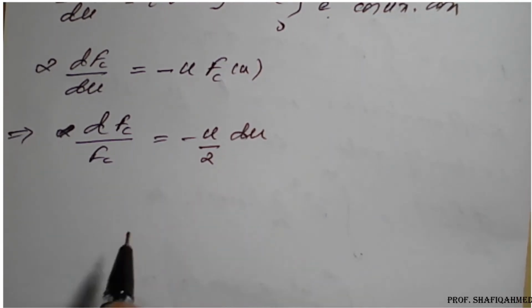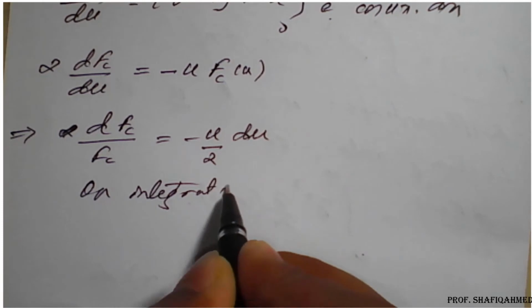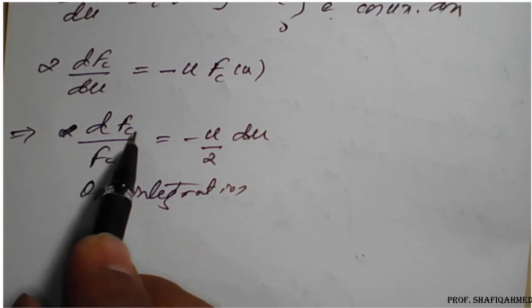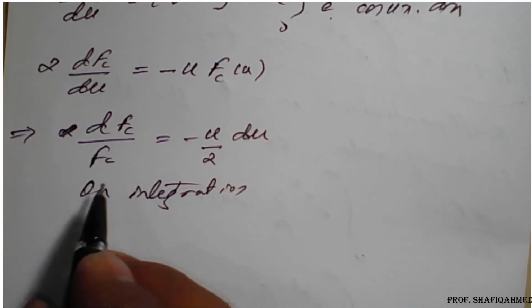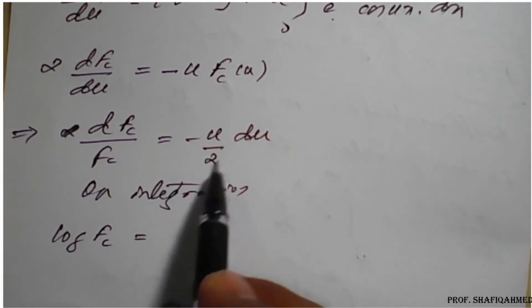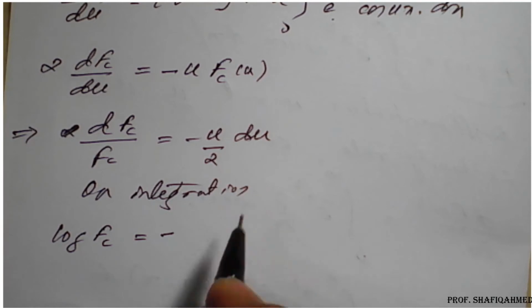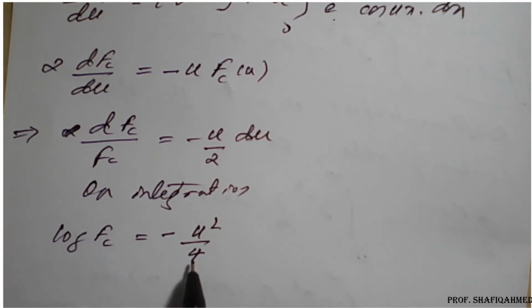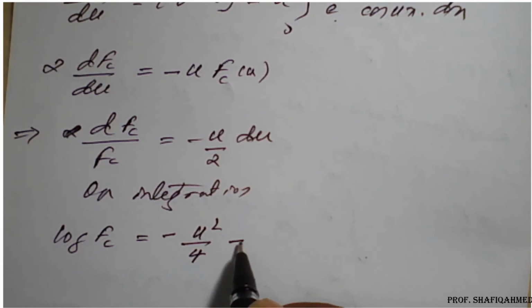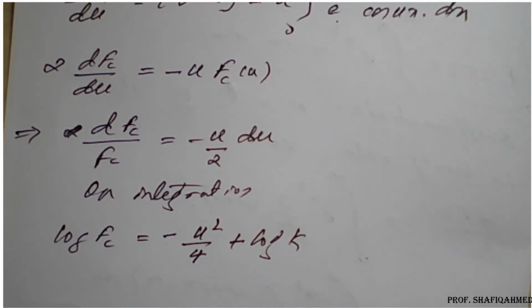If you take integration on both sides, on integration, the integration of 1 upon fc with respect to df is nothing but log of fc, equal to the integration of minus u, which is u square upon 2, and that 2 into this 2 will become 4, so it becomes u square upon 4, plus log of k, where log of k is a constant here.